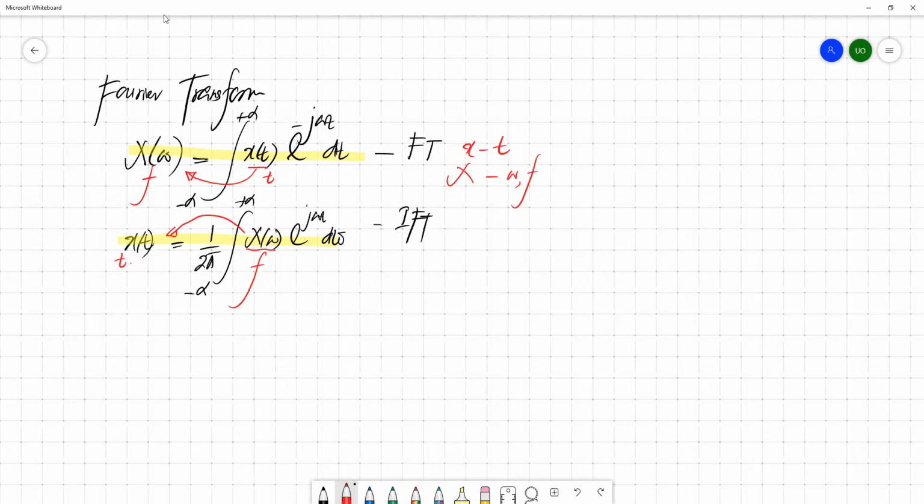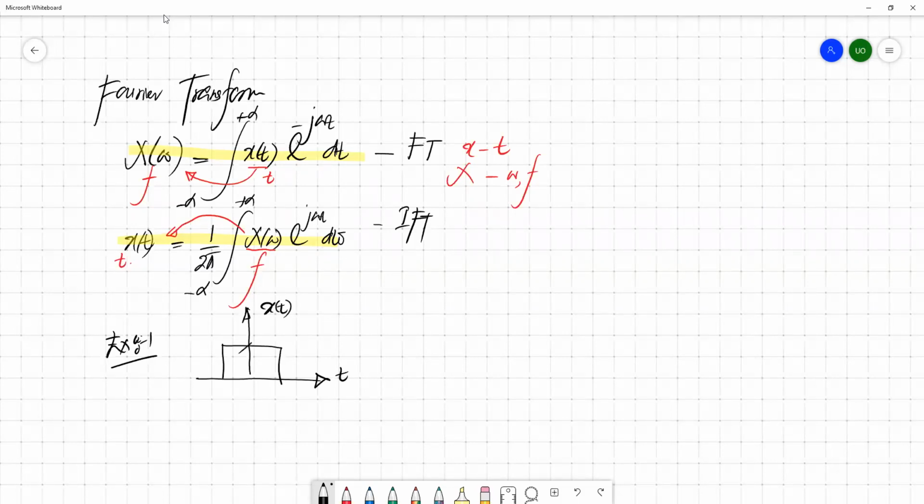Then we go through the first exercise, which is in the slide set, exercise 1. There we found that if you have this kind of time domain quantity, this is your x(t).